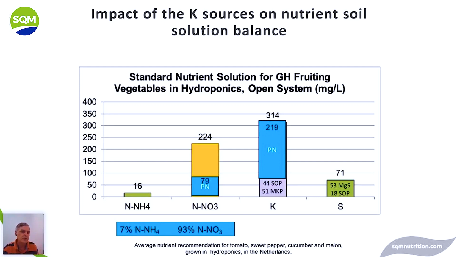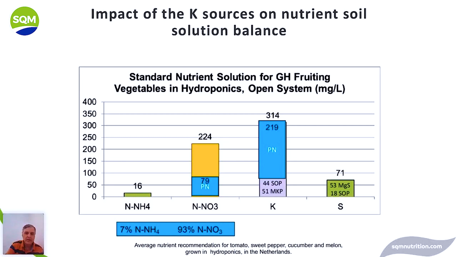So they supply 16 units of ammoniacal nitrogen as well. That gives us the balance of our total nitrogen applied in the nutrient solution: 93% of the nitrogen is in nitrate form, and 7% of the total nitrogen is in ammoniacal form. So this is the real balance of the nutrient solution.